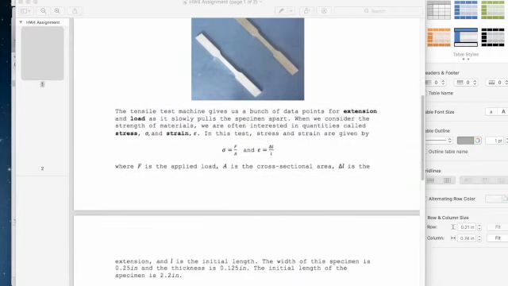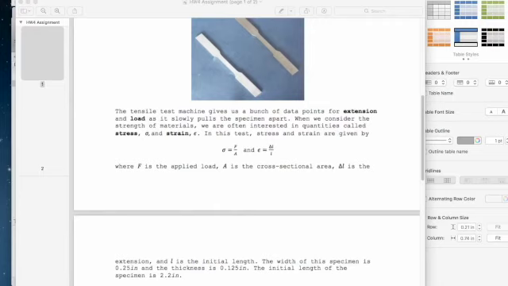The tensile test machine gives us a bunch of data points for the extension and load as it slowly pulls the specimen apart. We then consider the strength of the material. We are often interested in a quantity called stress and strain.